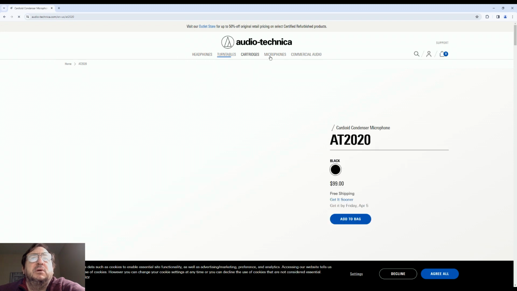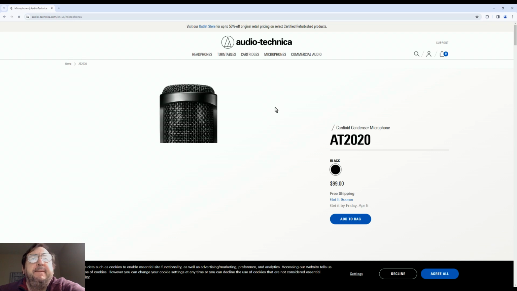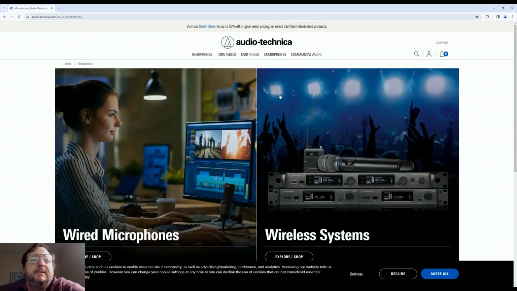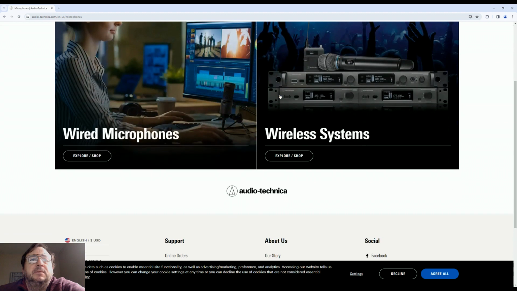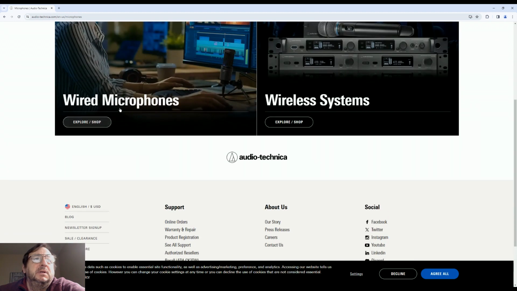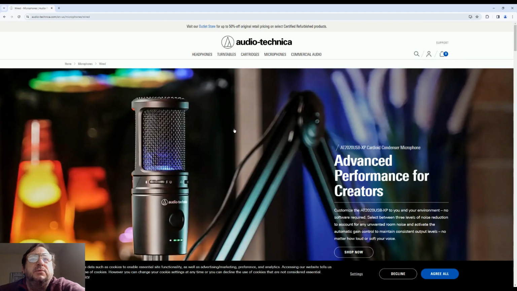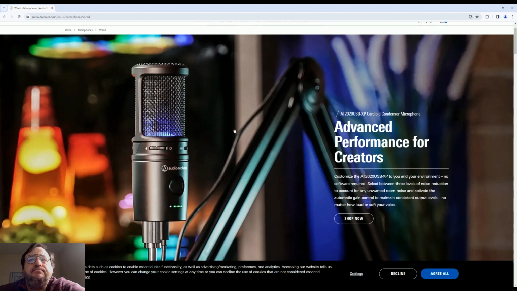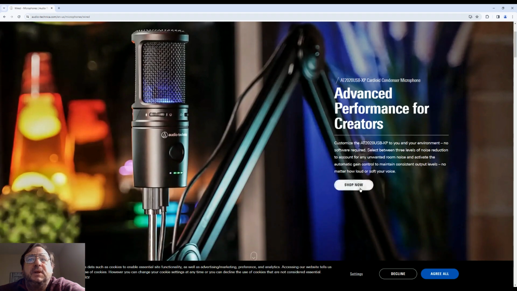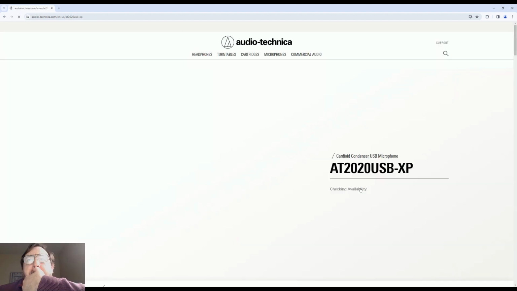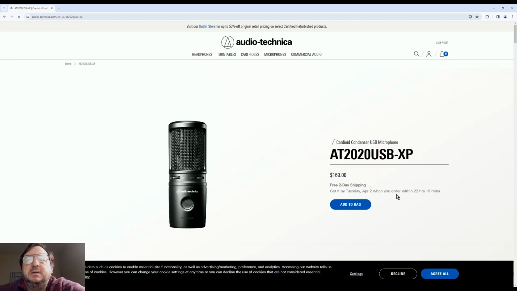Let's see, microphones. White microphone, suppose, for creators. Again, the same. Yeah, this one costs more money. Maybe I did like that one.